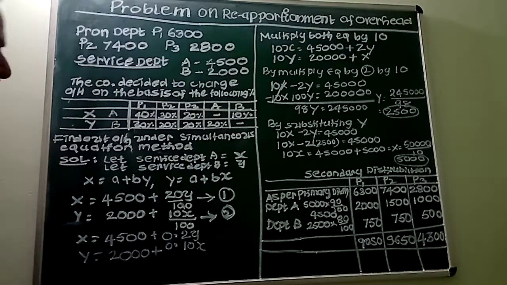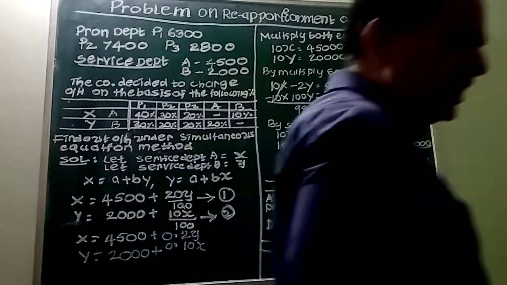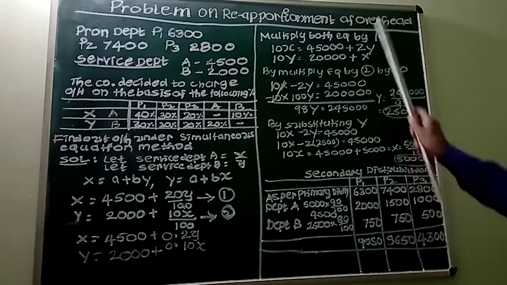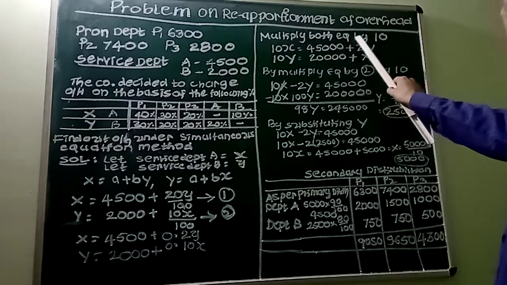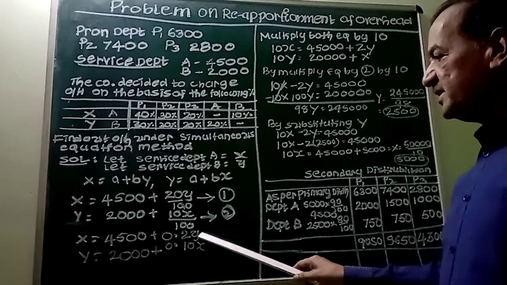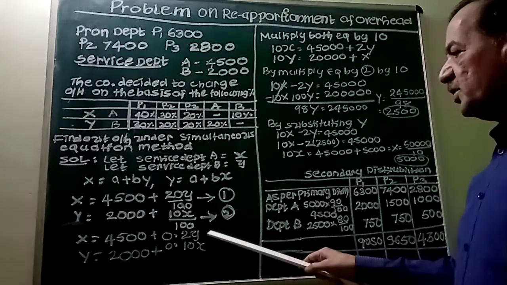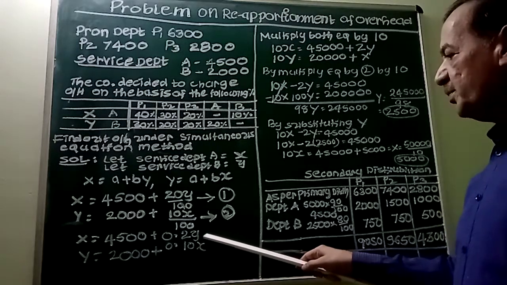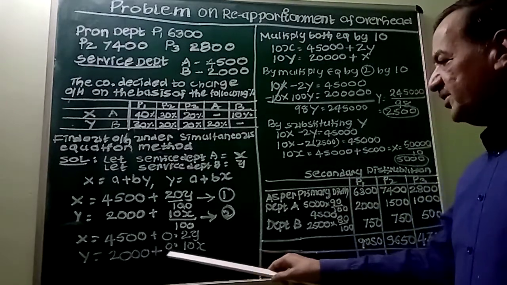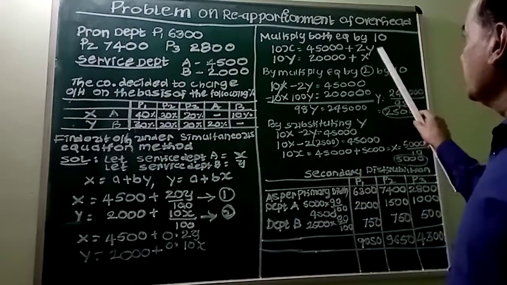Now, if you want to go for further simplification, multiply both the equations by 10. I have multiplied both the equations by 10. So, 4500 plus 0.2Y into 10, 2000 plus 0.10X into 10.